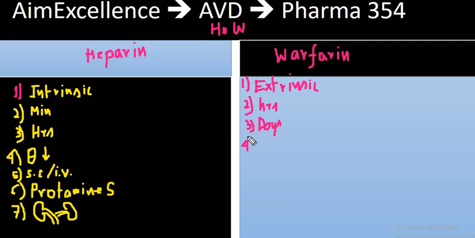But the concern here is that the drug interactions are far more. So you have to be aware of the patient's health condition also. But it is given per oral.